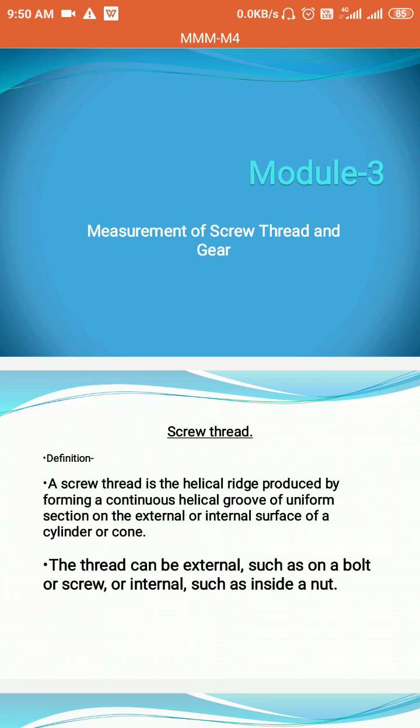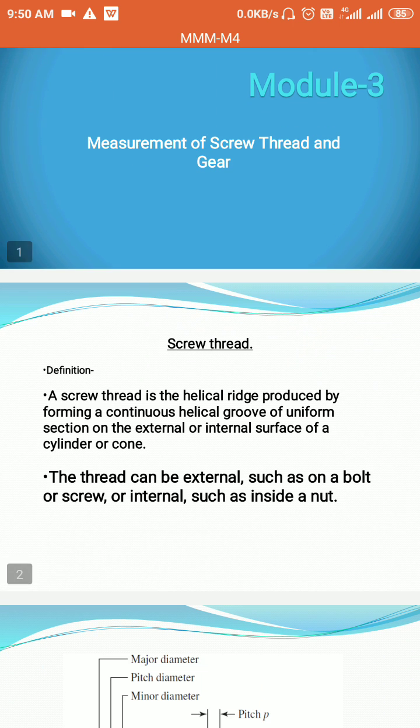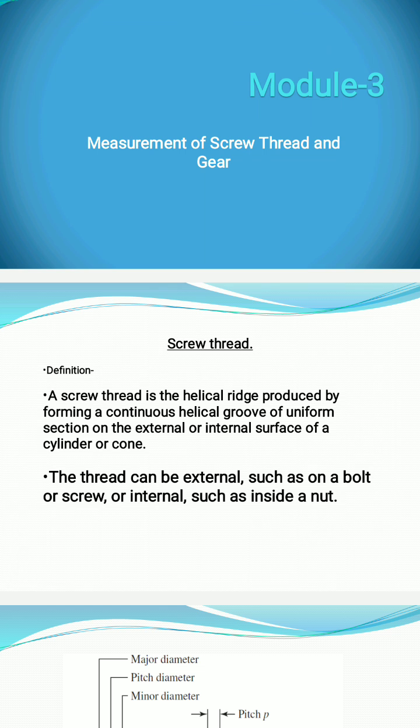We all of us know what a screw thread is. A screw thread is nothing but a helical groove. It is a helical groove produced on the external part of a cylindrical rod or body.